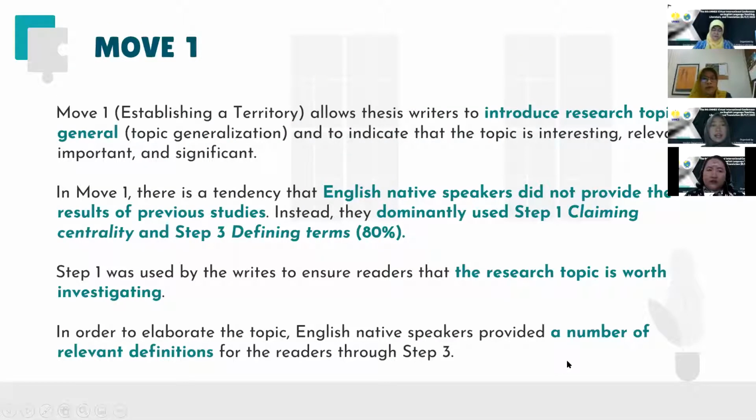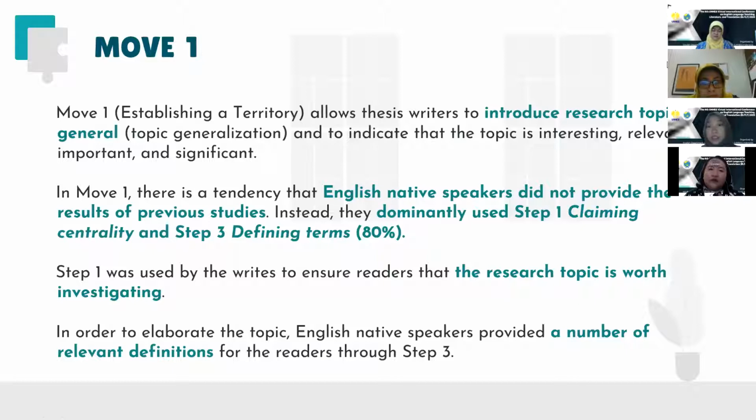In move one, establishing a territory allows thesis writers to introduce the research topic in general and to indicate that the topic is interesting, relevant, important, and significant. In move one, there is a tendency that English native speakers did not provide the results of previous studies.